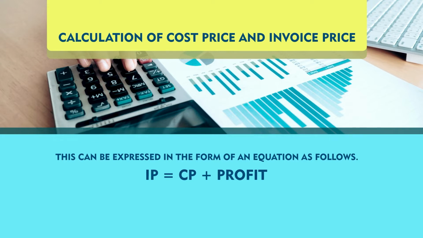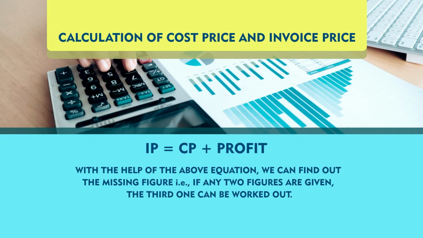So, if we add profit to the cost price, we get the invoice price. With the help of this equation, we can find the missing figure. If any two figures are given, the third one can easily be worked out.